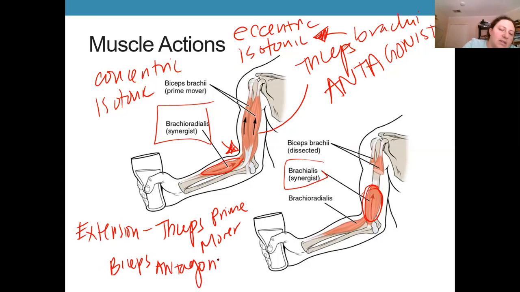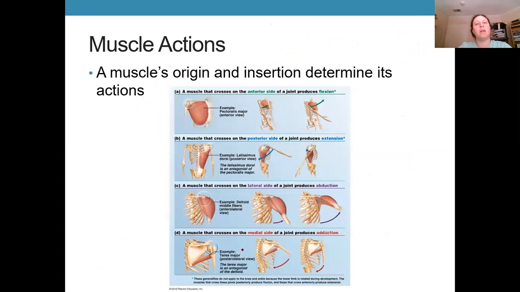They have opposite actions. So we can usually have a pretty good guess as to what our muscles do when they contract, what their primary action is, based on their attachments. So the muscle's origin and insertion, aka attachments, are going to determine its actions.